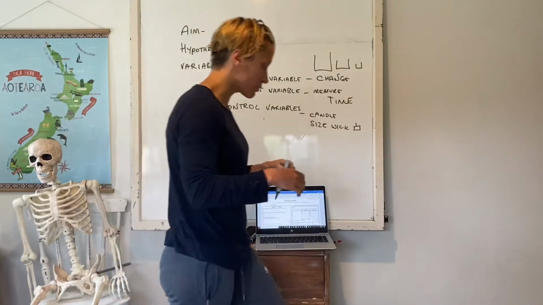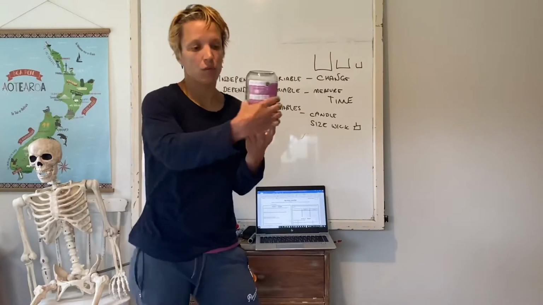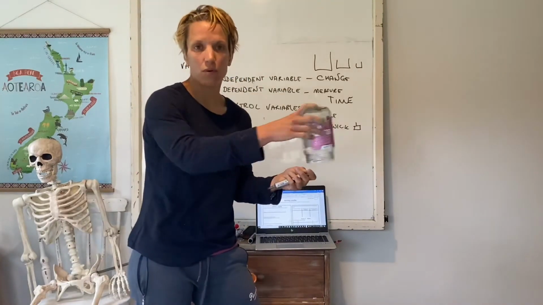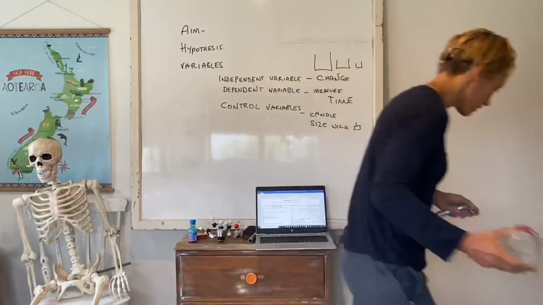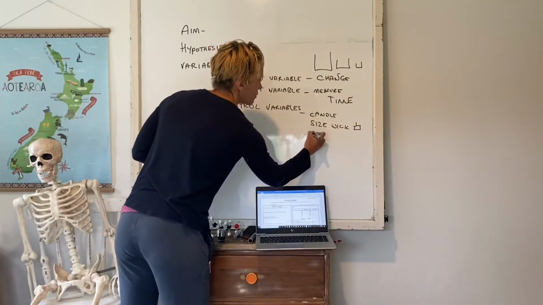Once you've done it once, let's say this was my beaker, I put my candle under there, watched it, it's gone out, timed it. I'm not going to then immediately put it over the next one. I'll go like that and just allow the air to be refreshed inside it. So new air each time.